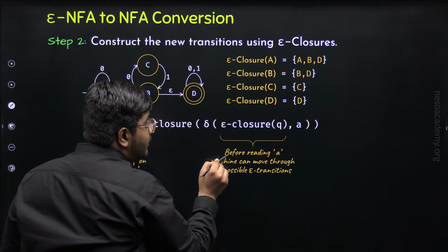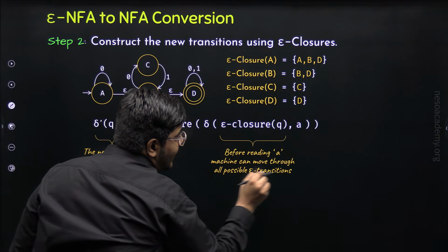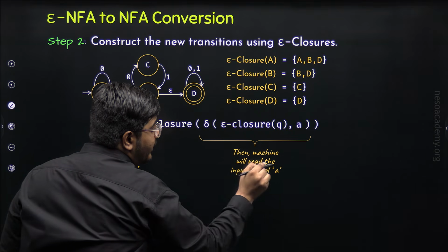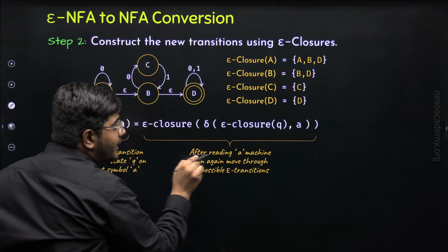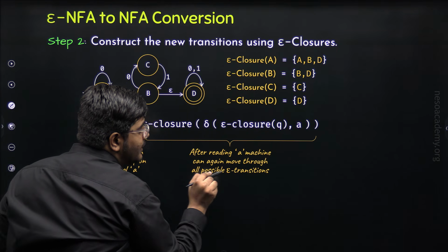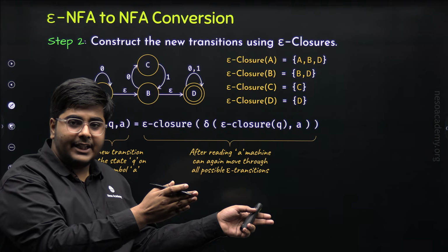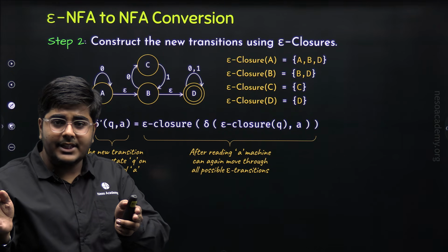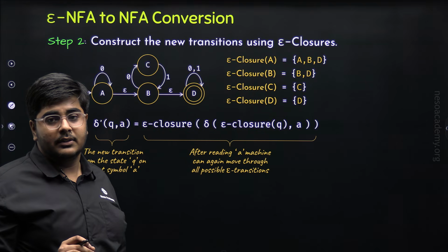First, before reading A, the machine can move through all possible epsilon transitions. Then the machine will read the input symbol A. And after reading A, the machine can again move through all possible epsilon transitions. That means epsilon transitions, input symbol A, again epsilon transitions. That is the scenario represented by this formula.